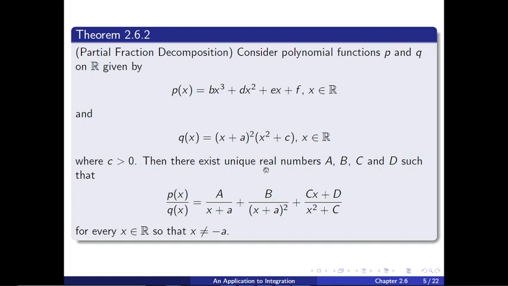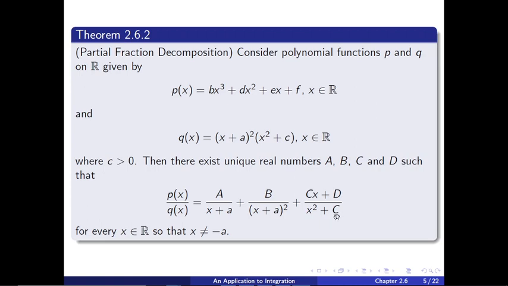So therefore there exist unique real numbers a, b, c, and d such that p of x over q of x is equal to a over x plus a, plus b over (x plus a) squared, plus cx plus d over x squared plus c.